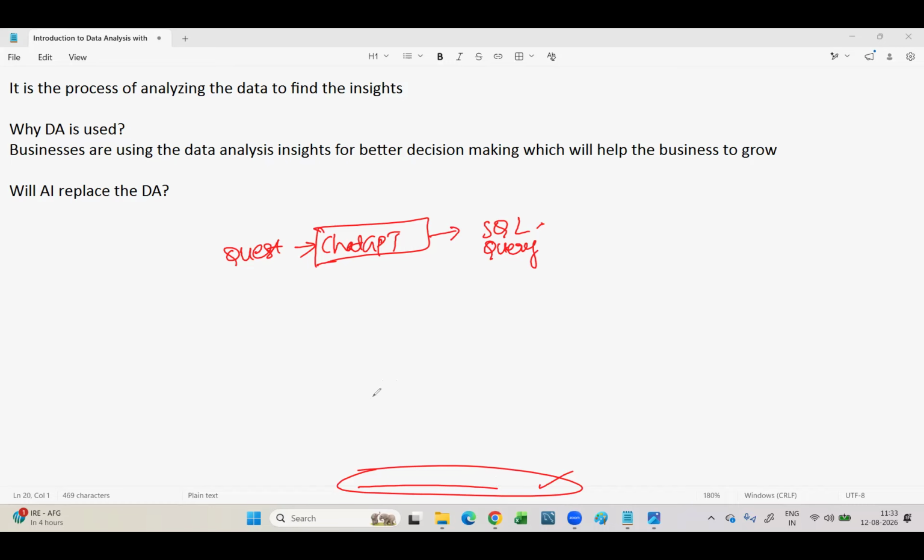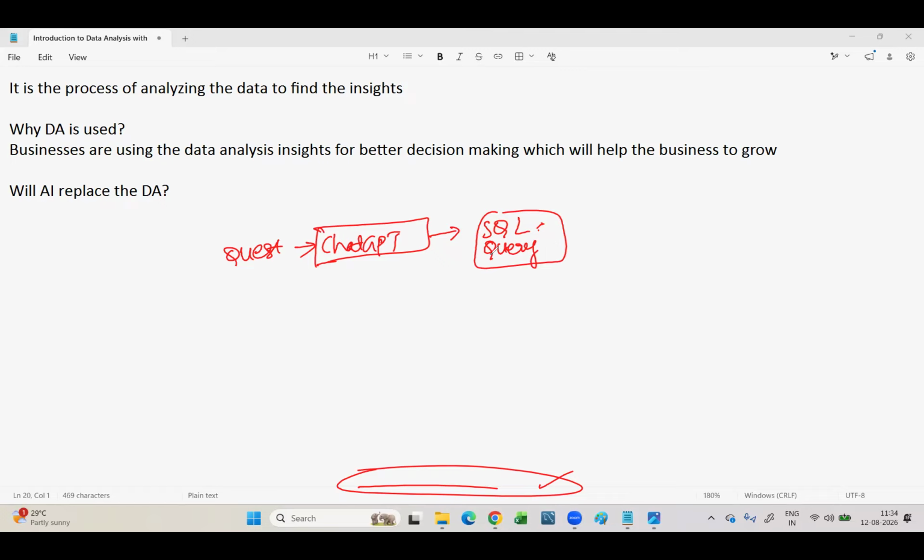Now see this part. I am a student who learned SQL. Instead of writing the query from scratch, I ask ChatGPT to write a query. It gave me a SQL query. Since I already know SQL, I verify whether this query is going to work or not. Oh no, it has given me a mistake. I'll ask again: no, this query is wrong, you need to make a difference in this place, write it again.